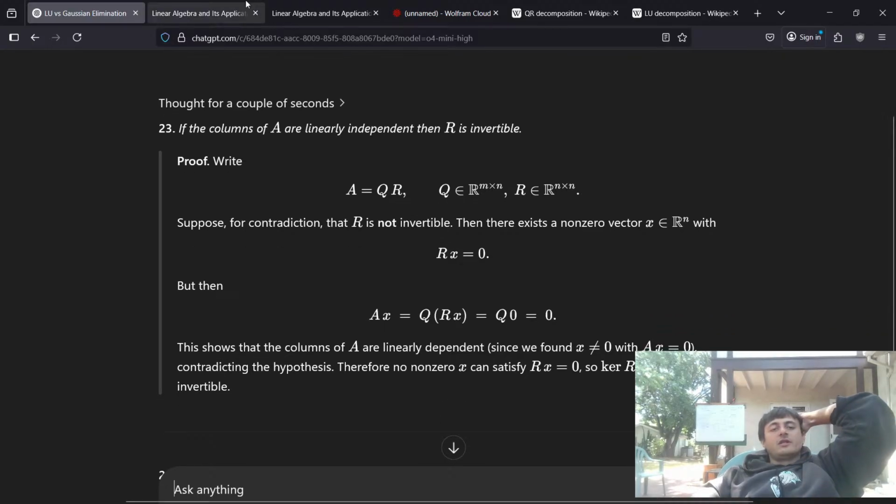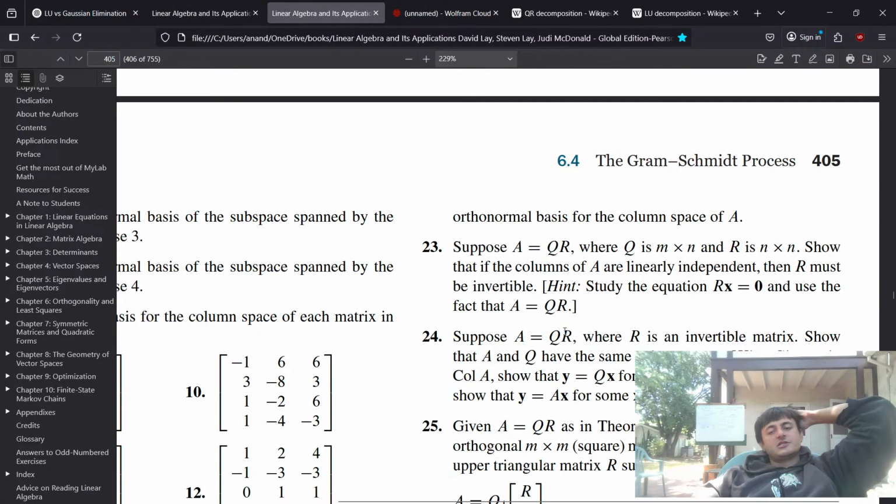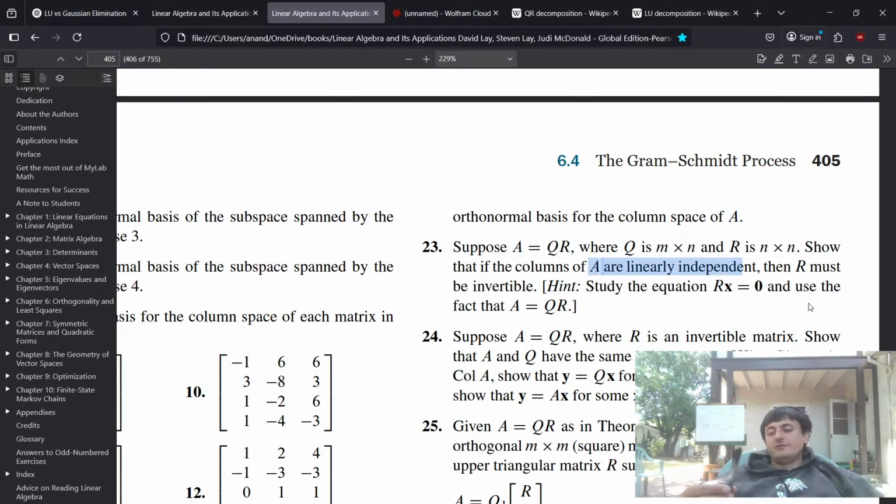All right. So wait, before we just cheat, let's just think about what the heck we're trying to prove. Suppose A is equal to QR. Show that if A has linearly independent columns, then R has to be invertible. All right, we can stop being dumb.